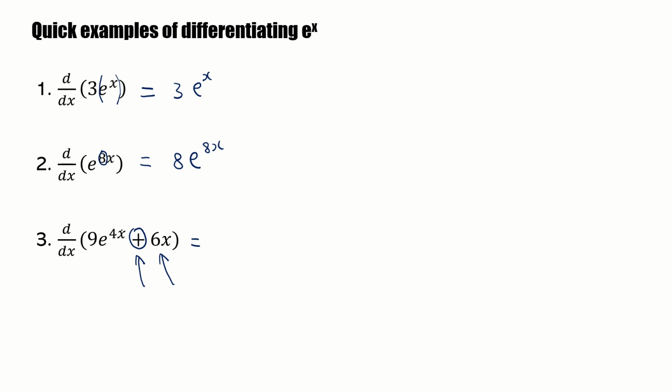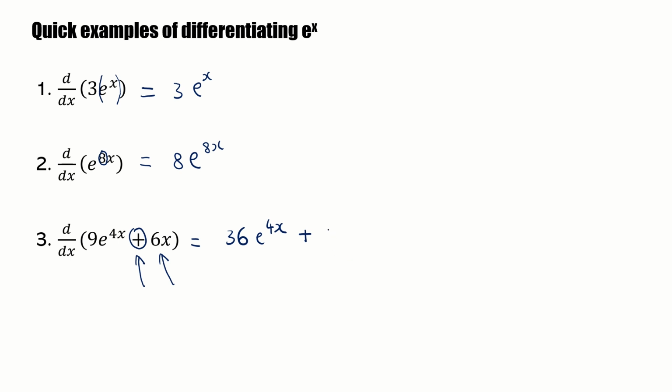We've got the 4 in front of the x, so as part of differentiating, we have to multiply the front, the coefficient if you will, by that number 4. So 9 times 4 is 36, and then the e to the 4x part stays as e to the 4x. So we just multiply by the number in front of the x, and then the e bit stays the same. And then added onto that, the derivative of just the 6x part differentiates separately.